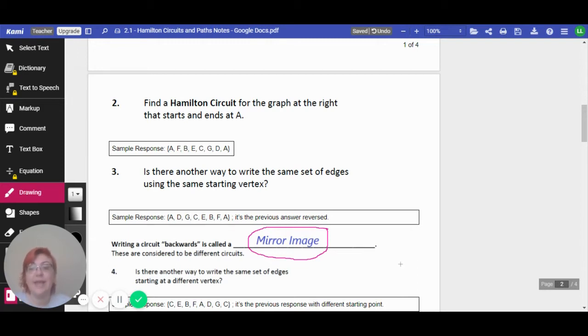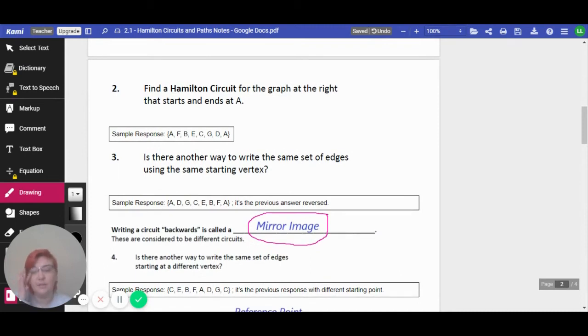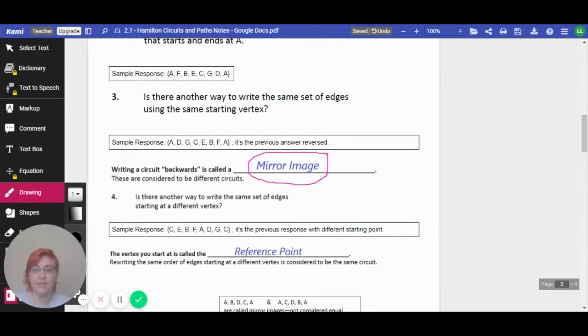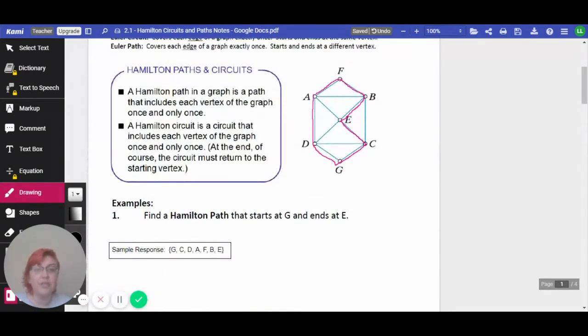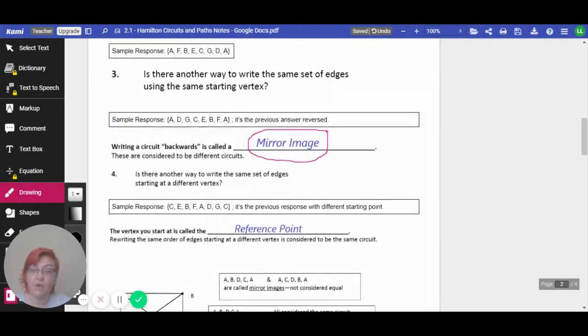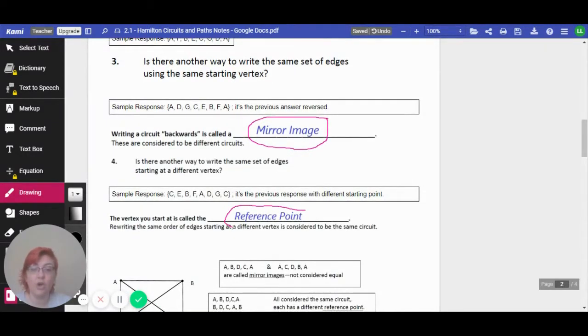All right. Now, is there another way to write the same set of edges starting at a different vertex? Absolutely. Once we have the circuit in place, I could start maybe at C, and I would write C, G, D, A, F, B, E, C, or the mirror C, E, B, F, A, D, G, C. The vertex we start at is called the reference point.